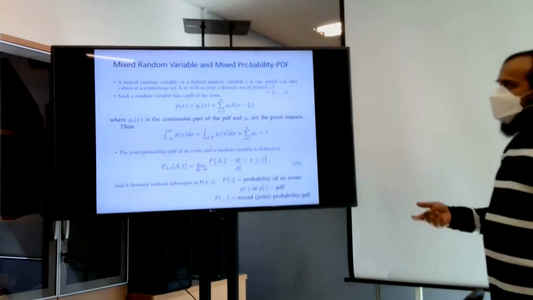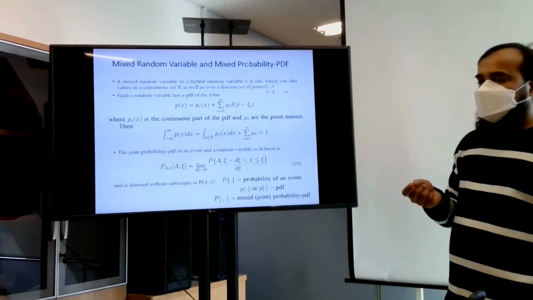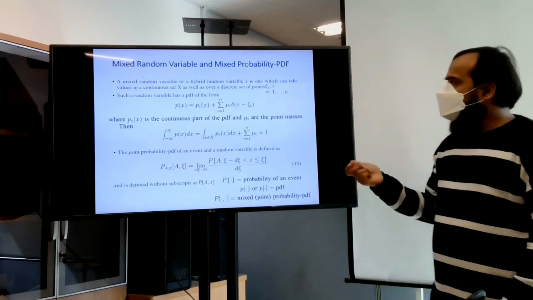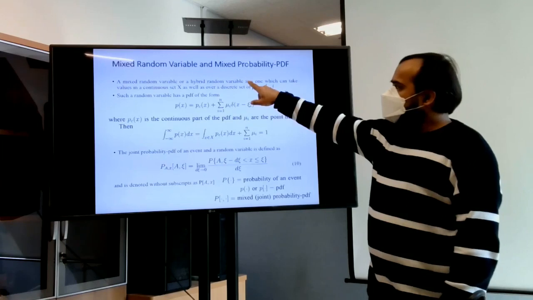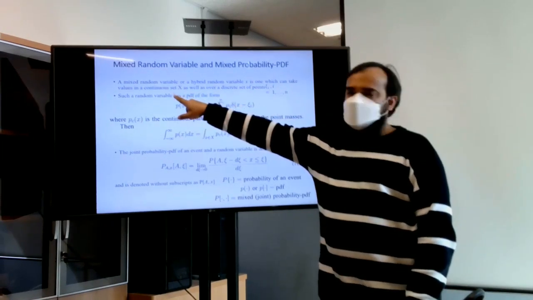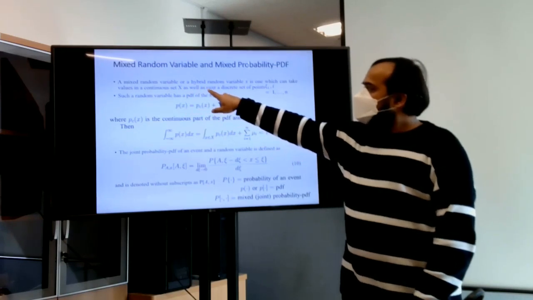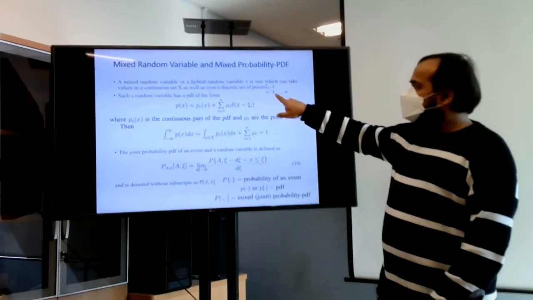It means variable x is one which can take values in a continuous set as well as discrete values at points 1, 2, 3, 4. Suppose x is any value in a continuous set which also occurs at discrete value points 1, 2, 3, 4, 5, 6.